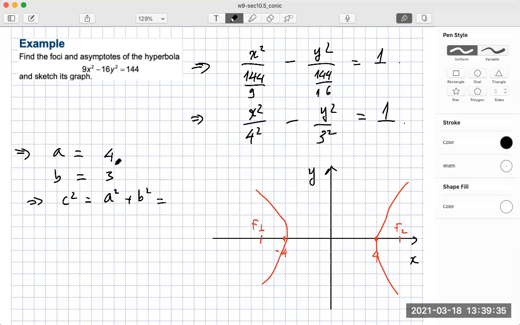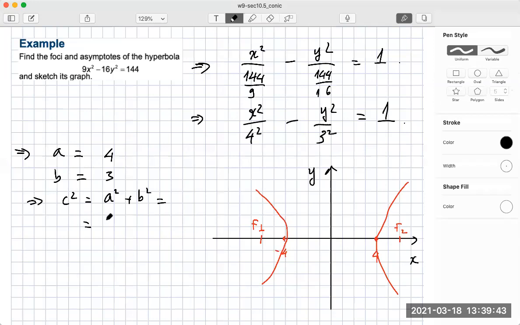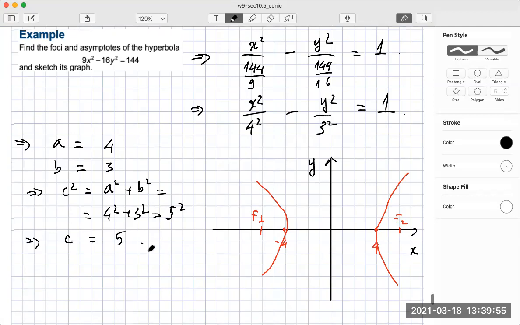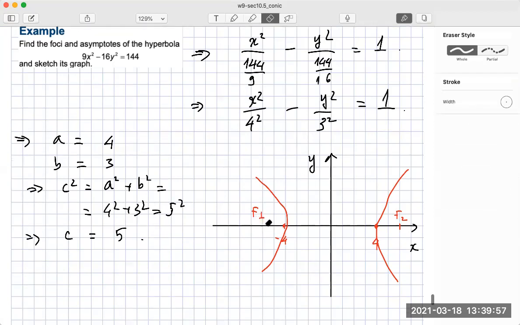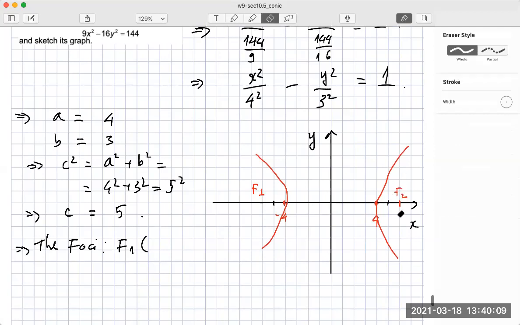And it is 25, right? Therefore, c will be 5, right? It means that the foci will be F1 at what is it? Yes, right here and right here, right?